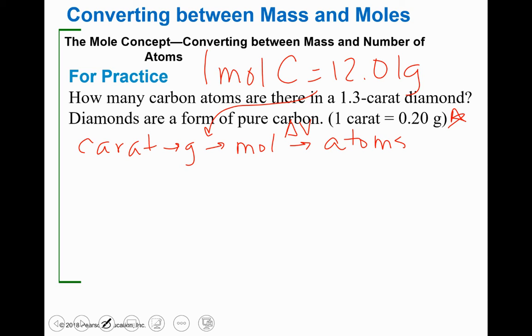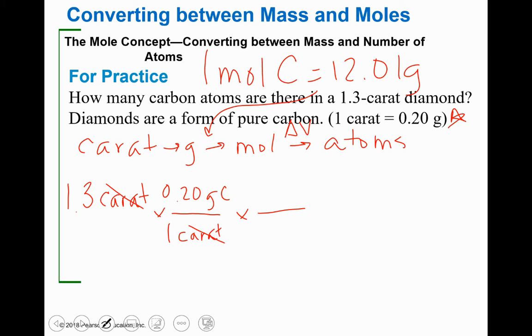Okay, so let's start with what I'm given. I have 1.3 carats. Okay, I'm going to go from carats to grams. Carbon. Okay, so my carats cancel. Now I can go from grams to moles using the molar mass.